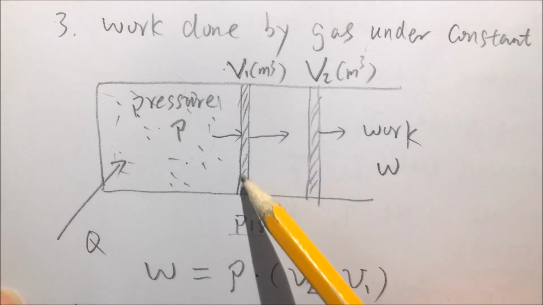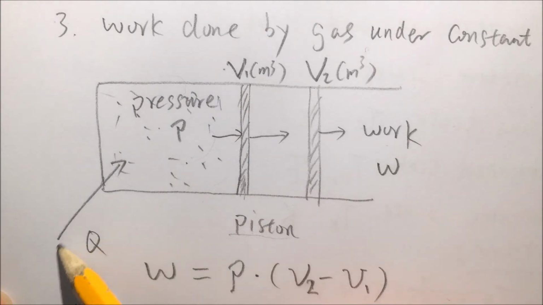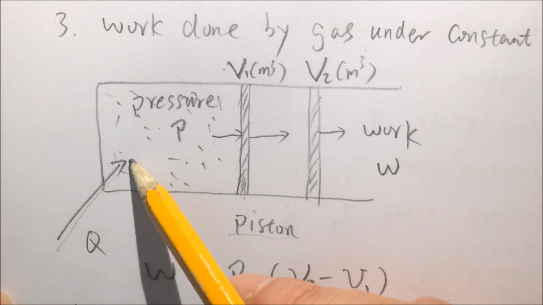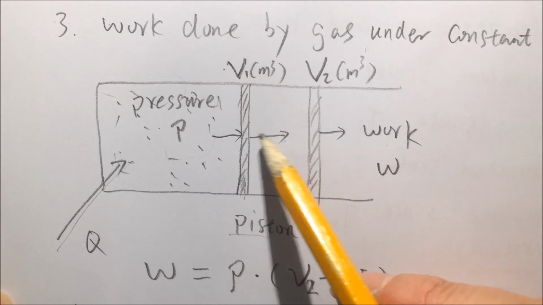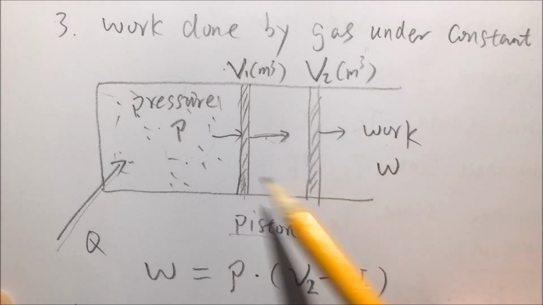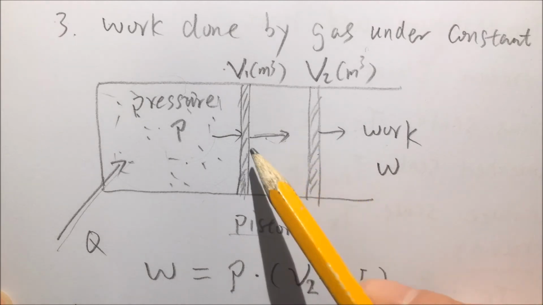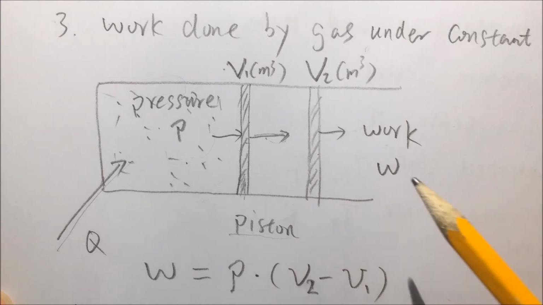That's a piston. Then if the heat flows into the system, the gas will expand and push the piston out and do the work. So this is the piston, just initial state and the final state. It was pushed out to do the work.